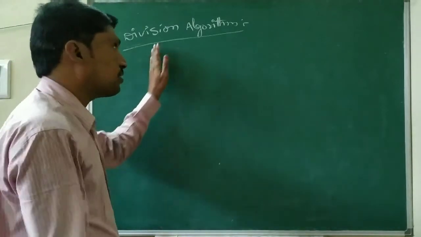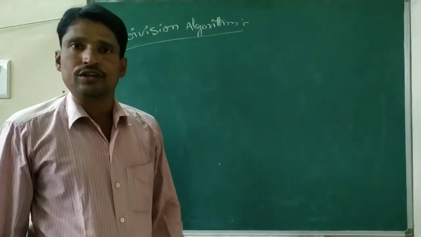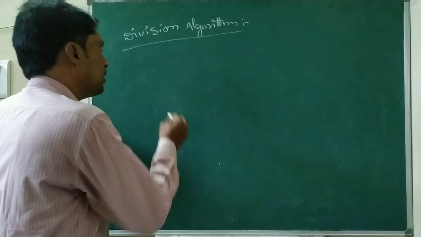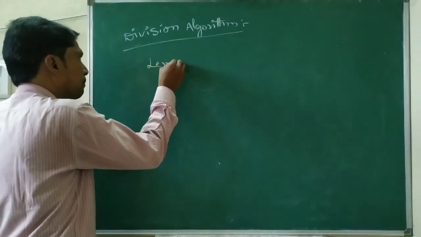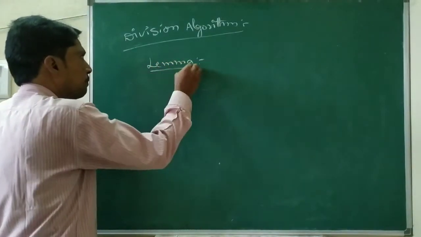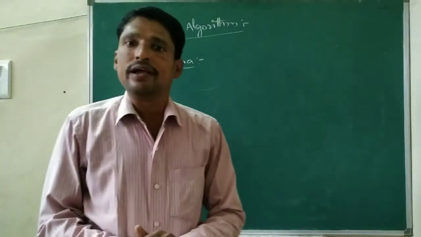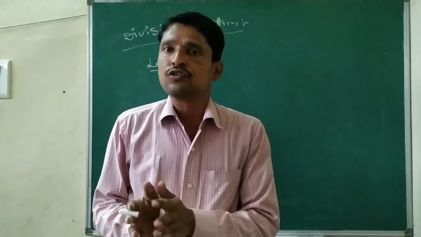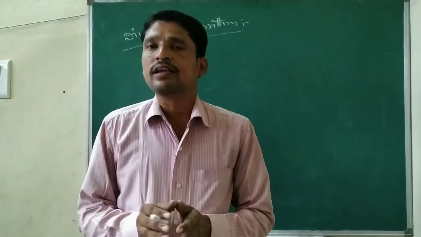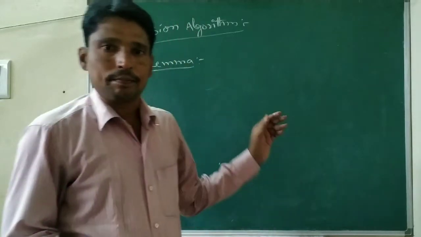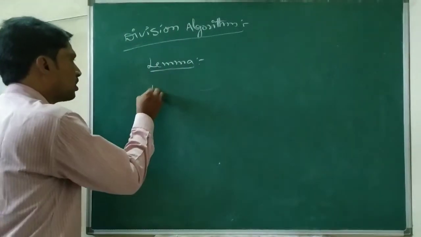Before going to our topic division algorithm, we need to learn some more definitions. That is lemma. What is lemma? Lemma is a proven statement which is used to prove other statements. It is called lemma. Next one, it is algorithm.